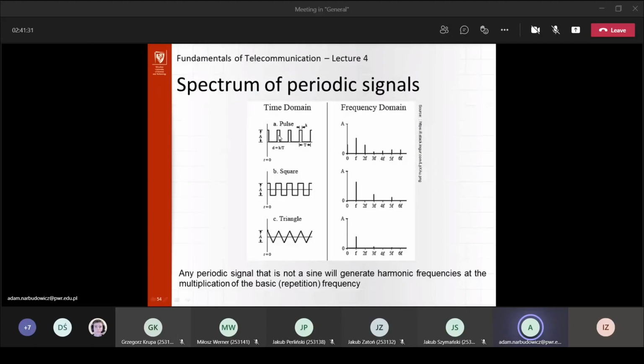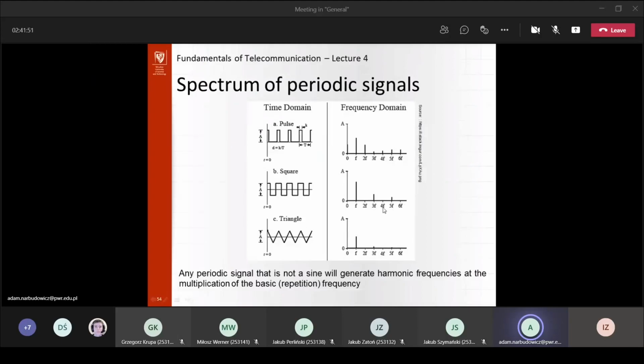The frequencies of the sine functions will be located at 0, f, where f is the frequency of your signal here, and natural number multiplications of that frequency, and that's what's called harmonics.